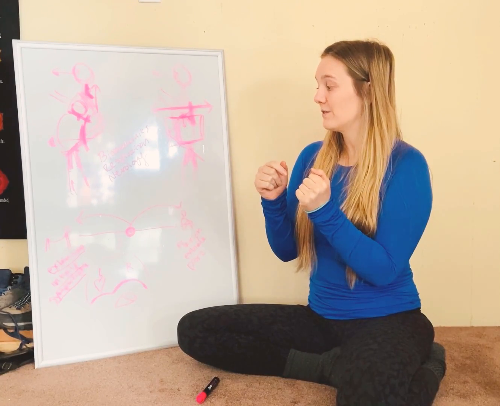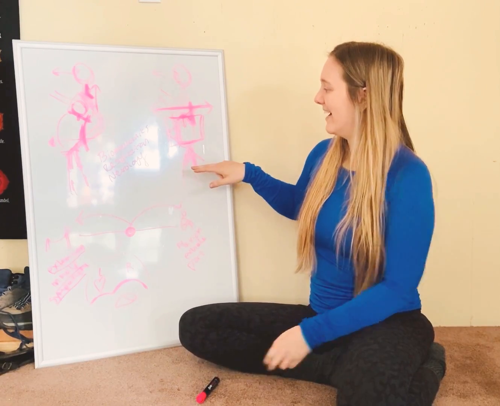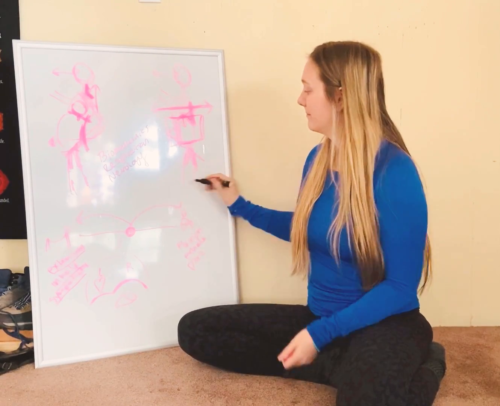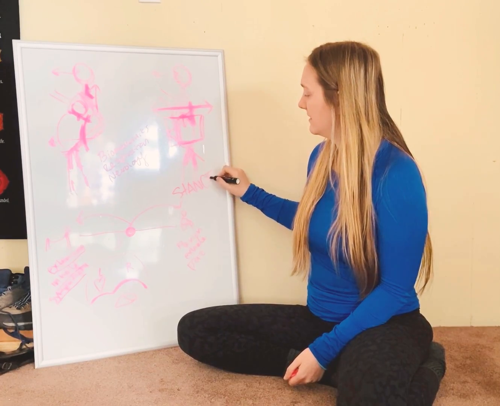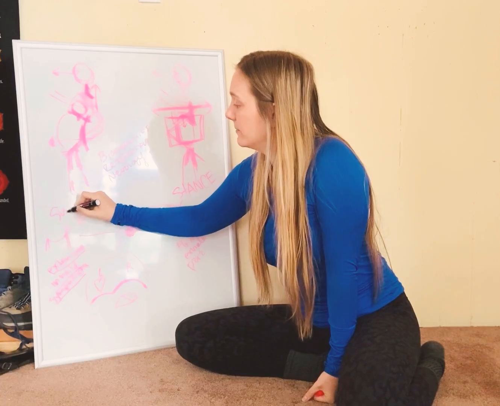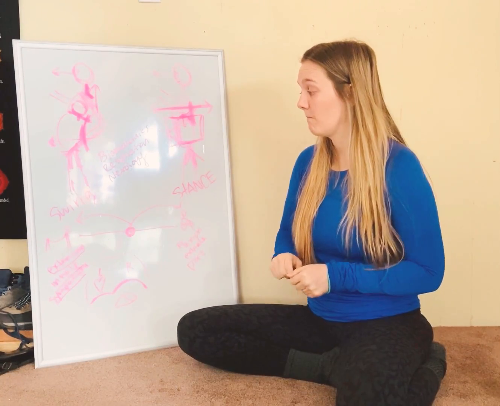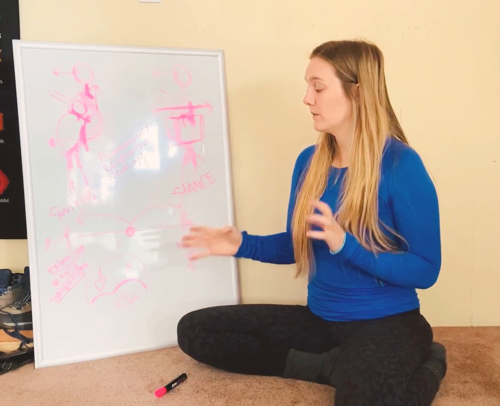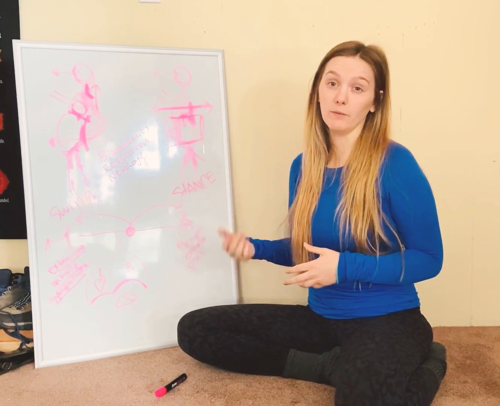So when we look at this, stay with me, this person is in stance, and this person is in swing. Okay, so movement checks and balances our asymmetries.